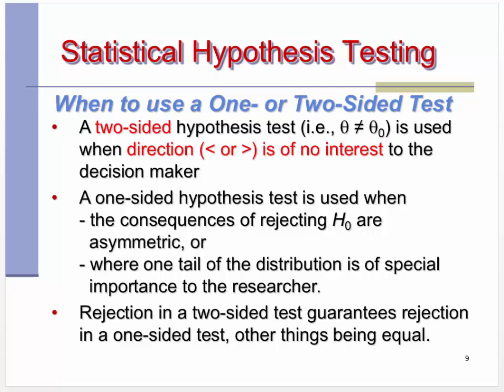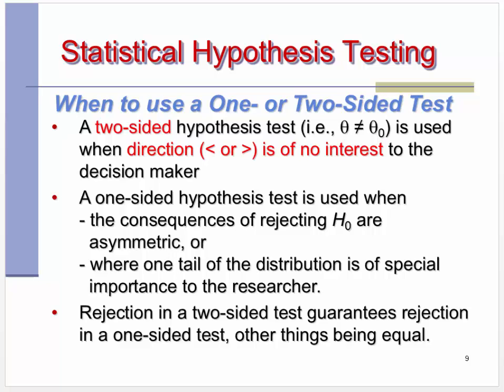When to use one or two-sided test? A two-sided hypothesis test, that is, theta equals theta 0, is used when direction, larger than or smaller than, is of no interest to the decision maker. When we don't care if it's less than or larger than, we just want to see if it equals or not.